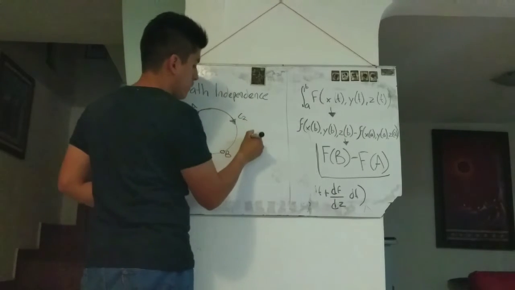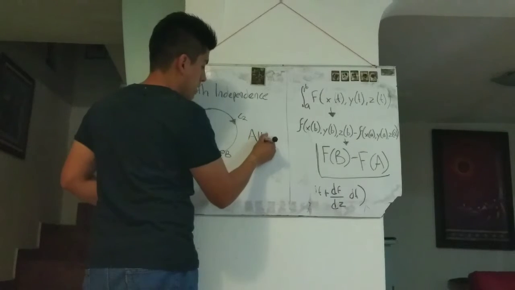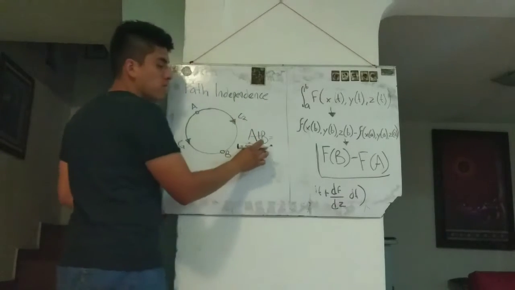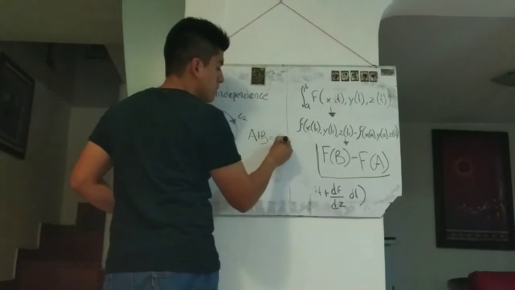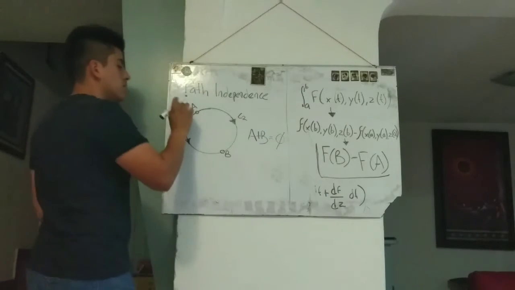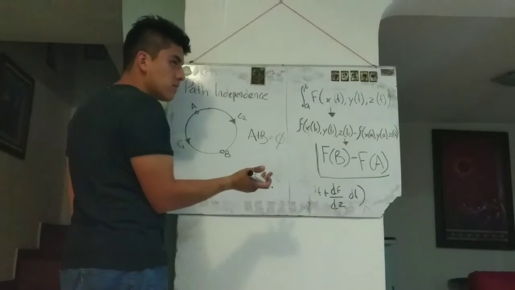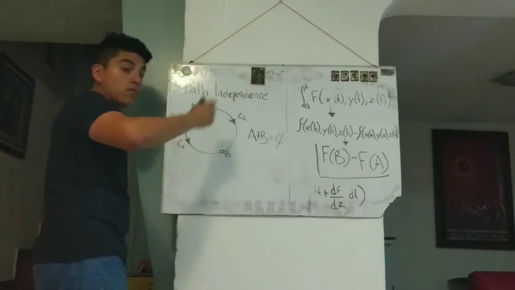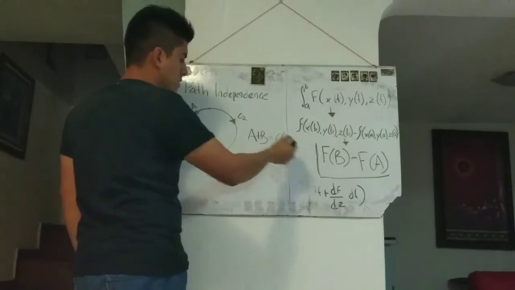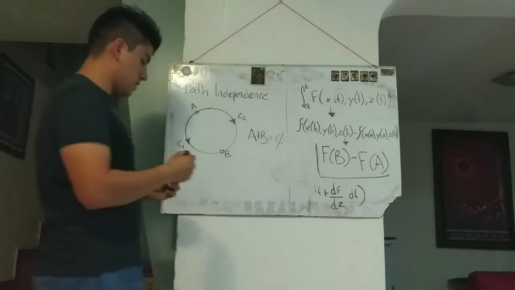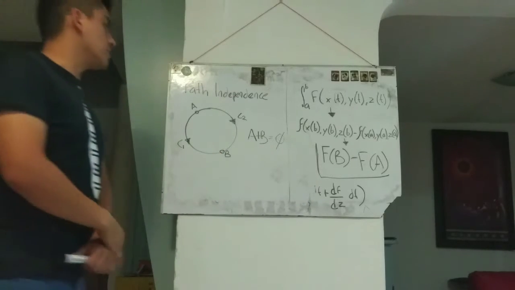The sum of A and B, when both of them go in different directions, must be 0. So if A is 1, B must be minus 1 because they go in the different direction, and 1 minus 1 is 0. This is when the parts have independence in the domain.